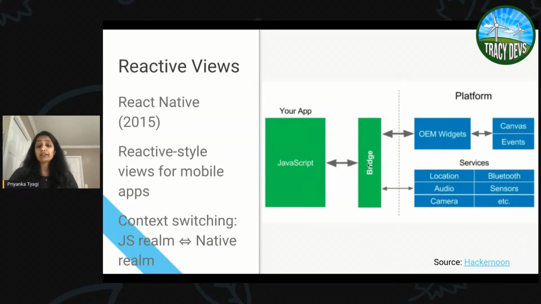There is this JavaScript bridge that you hop through for every interaction with the OEM widgets and for the services. So for every call you make to interact with your dialogs and buttons and other interactions, you have to pass through this bridge. So you have this context switching from the JavaScript realm to the native realm and vice versa.